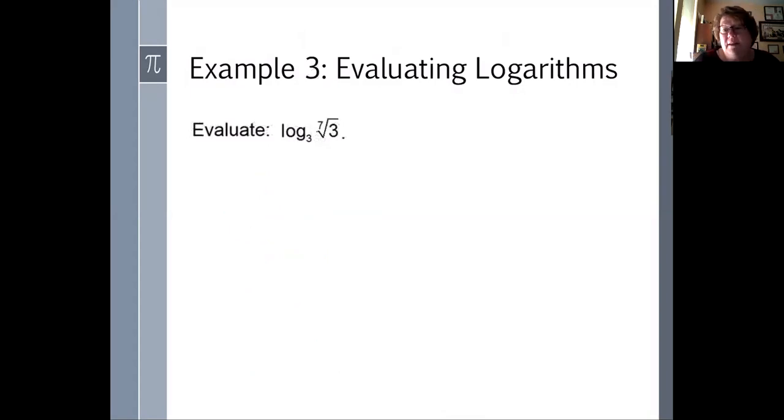So this is very similar. What do you raise 3 to get the 7th root of 3? Well, I could rewrite the 7th root of 3 as 3 to the 1/7. So now, if I wrote this as an exponential, what do I raise my base 3 to get 3 to the 1/7? 1/7.